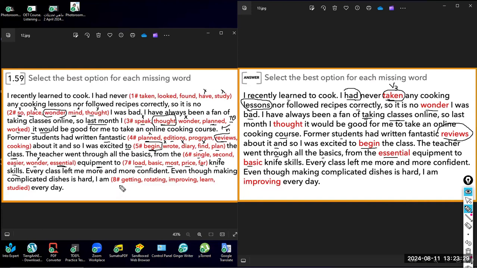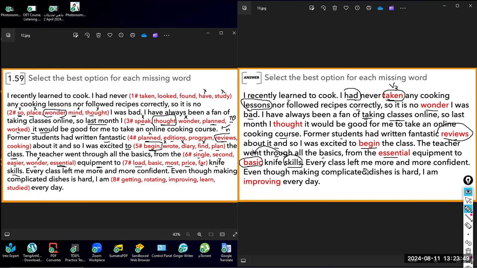So for example, this is about basic skills. Because I'm talking about skills, absolutely, I have to say basic skills. This is why I have to select basic.